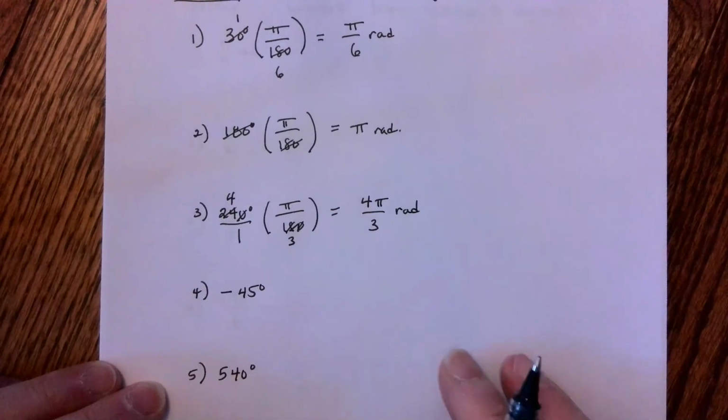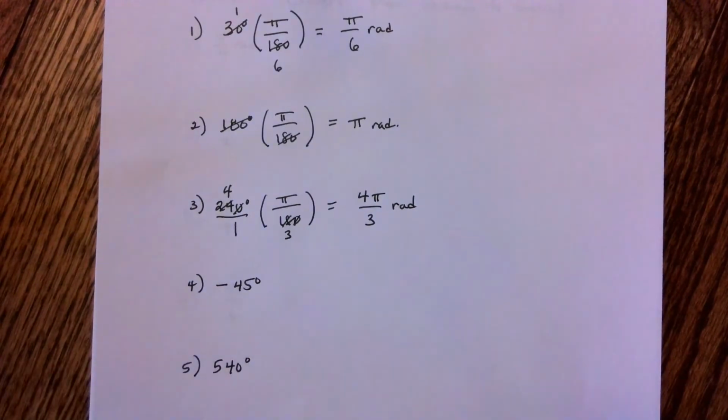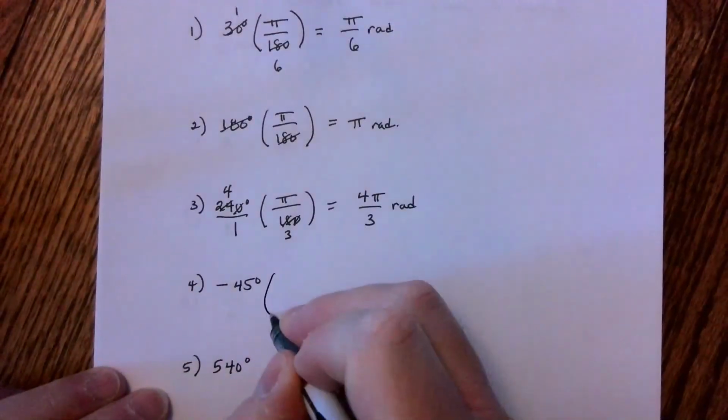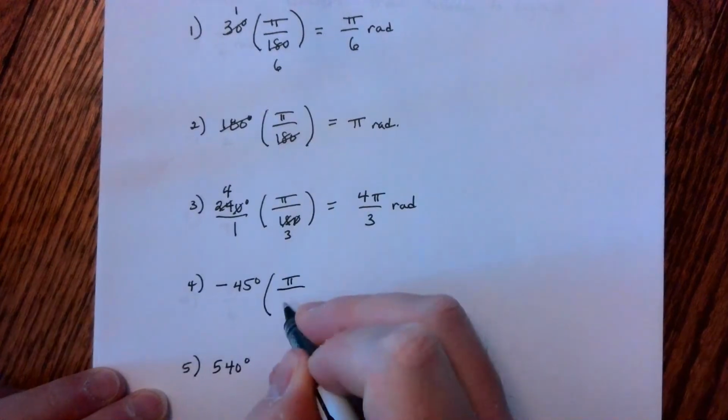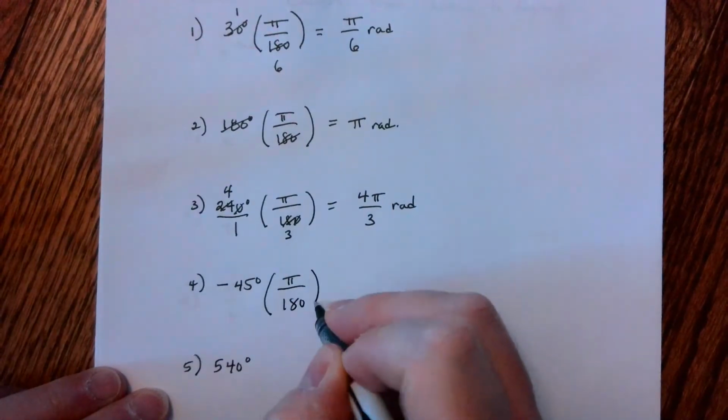Now how about negative 45 degrees? Well, just like negative degrees, which we're going to talk about a little bit later, you can have negative radians. Once again, the process doesn't change. You multiply times pi over 180.